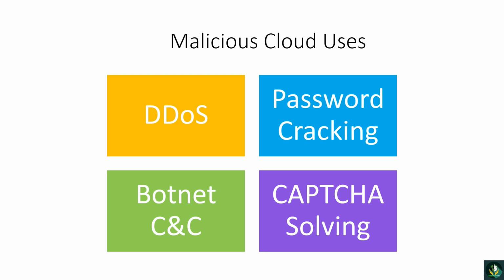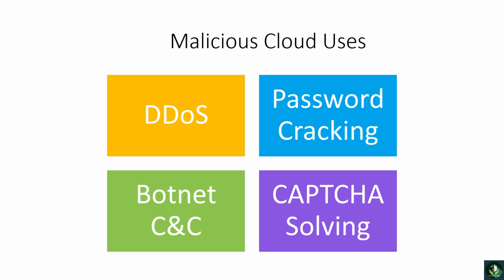So this is using graphical processing units that are available as a service in the cloud, and they tend to be enormously effective at cracking certain types of hashes. Now of course, password cracking isn't always used for malicious purposes, but you can certainly see how it would be attractive to attackers.